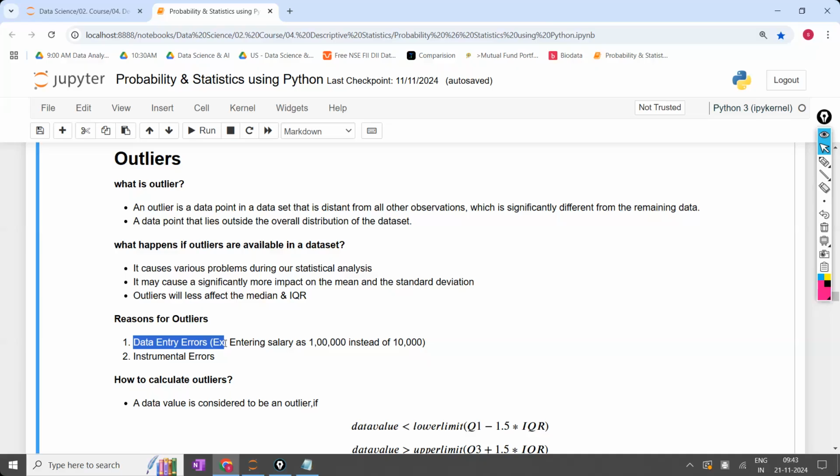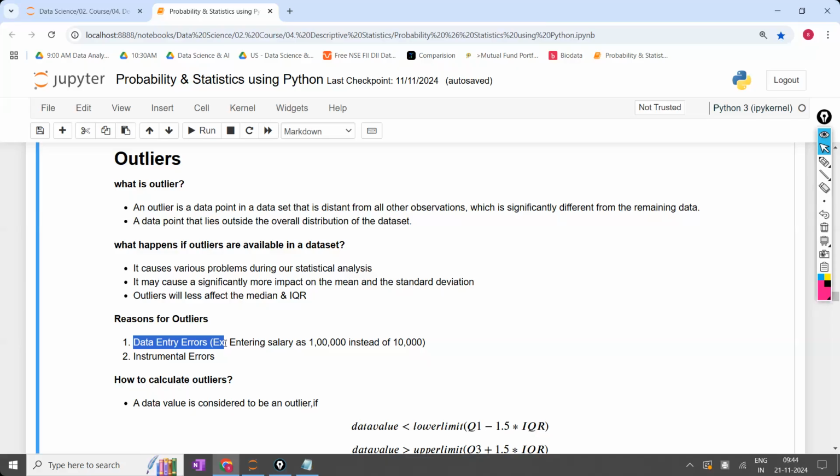Particularly on the Big Billion Day sales, the sales will be very high. When compared to other days, those records will be considered outliers. If you take the entire year's data, Big Billion Day sales will be outliers for Flipkart.